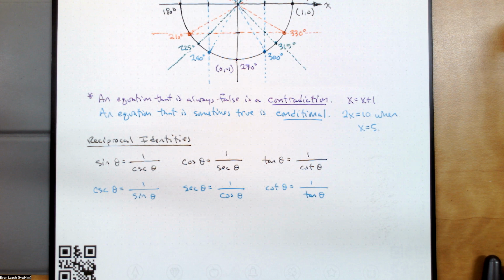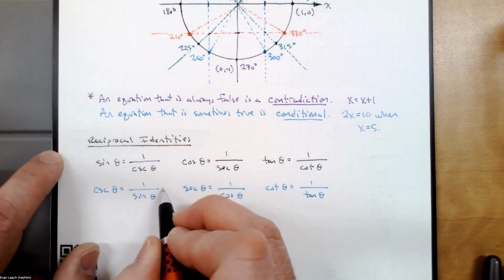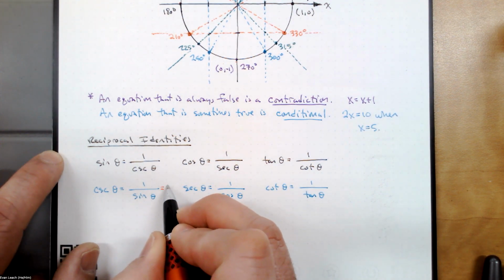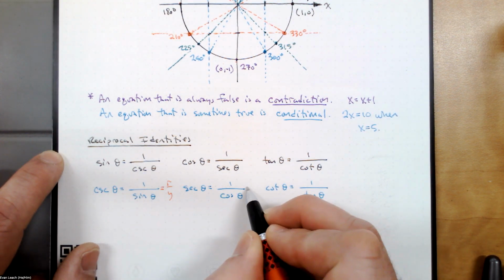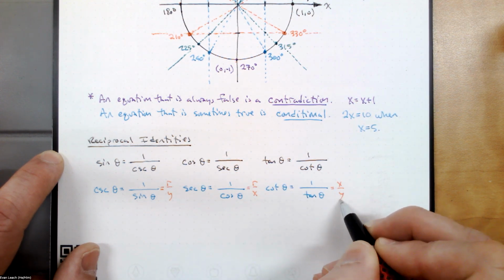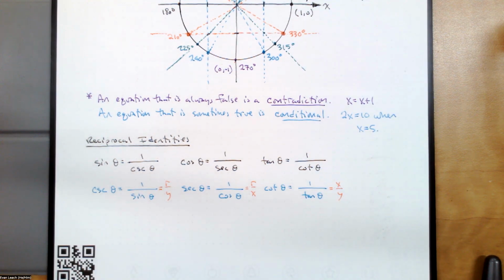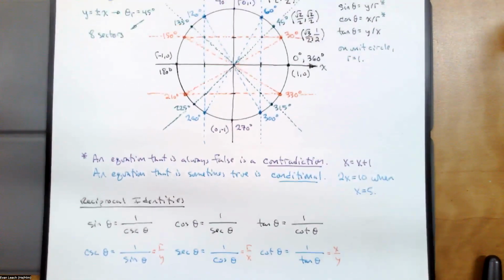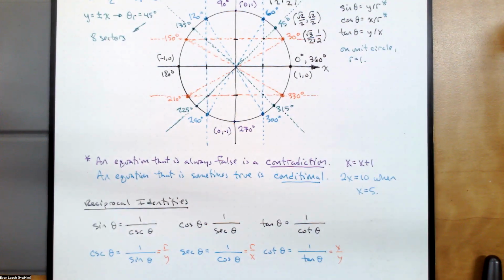We had previously listed associated sine, cosine, and tangent with coordinates. So we might write cosecant as r over y. Secant we could write as r over x, and cotangent as x over y. Just the reciprocals of the coordinates that we had above.